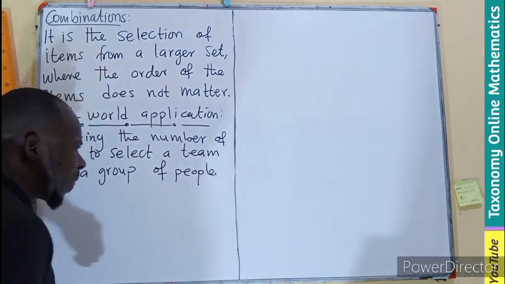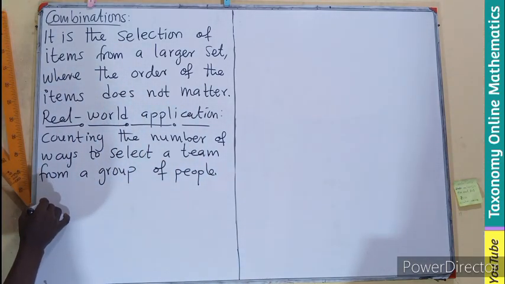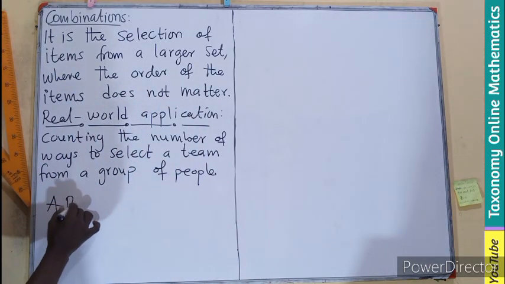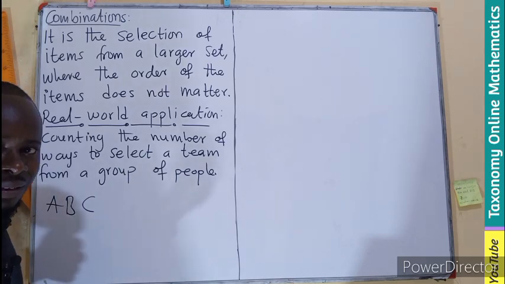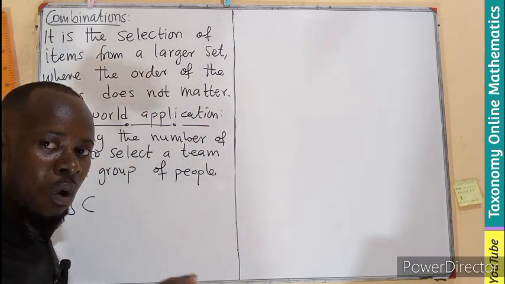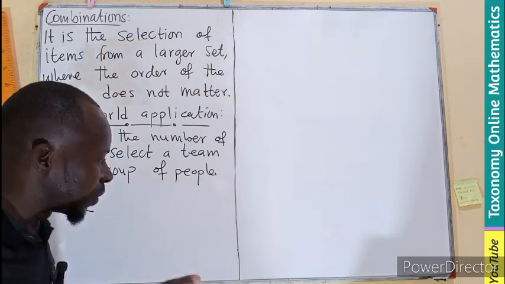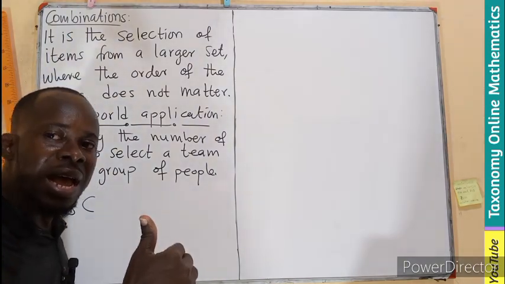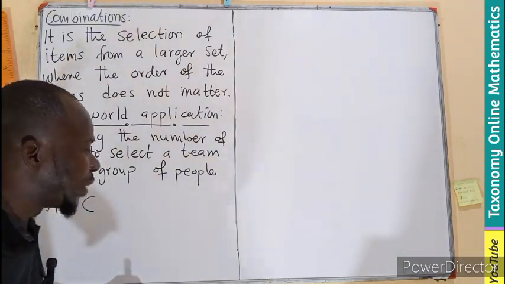Let's take, for example, if we have A, B, C, which are three letters which we want to arrange. In this arrangement, we are picking all the three at a time. So what are the various arrangements that we can get from here?